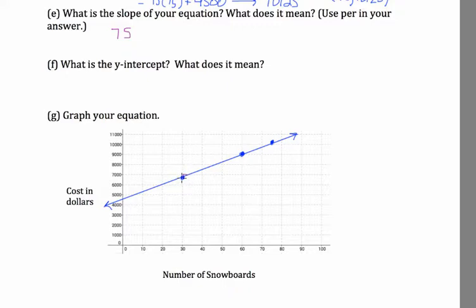So that means up 75 bucks every time we move right 1. So right 1, that's number of snowboards. So what does that 75 mean? It means $75 per snowboard.